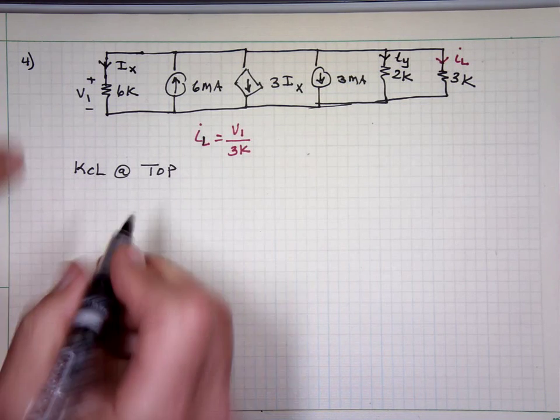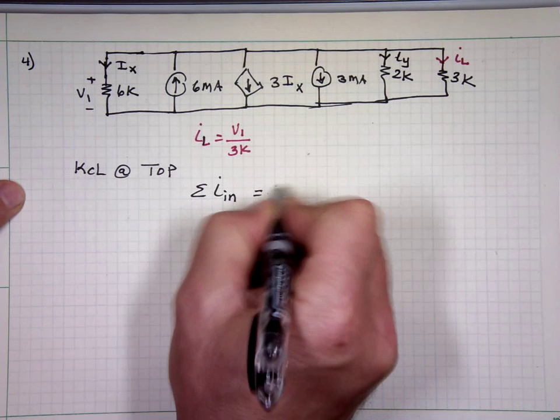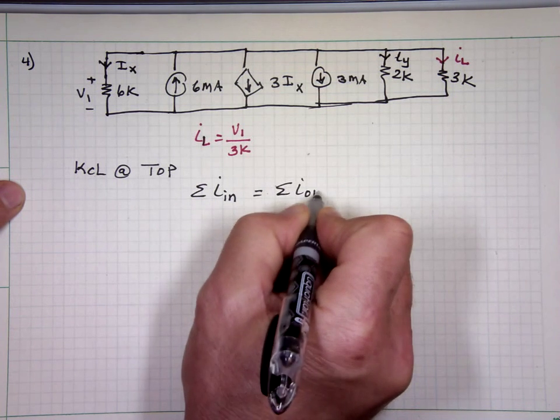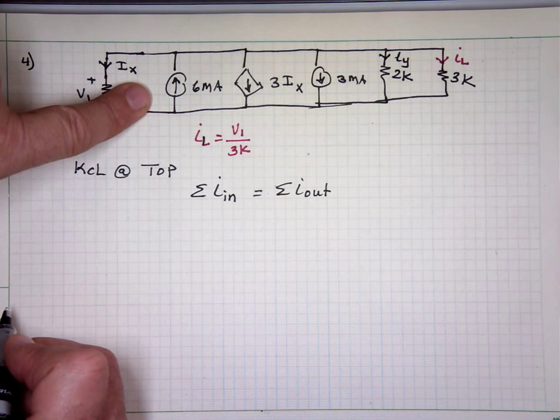Sum of the current going into that node is equal to the sum of the current leaving that node. And what is going into that node? I see the 6, is that it?